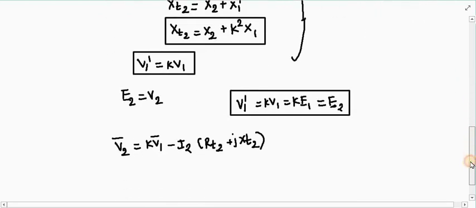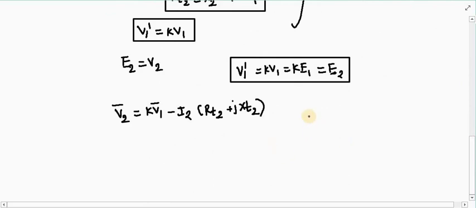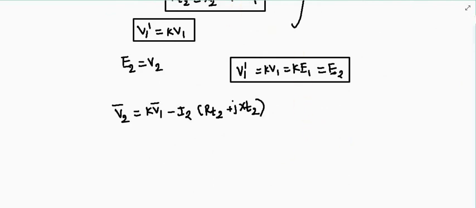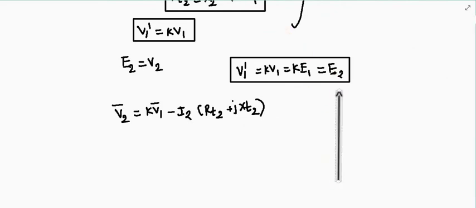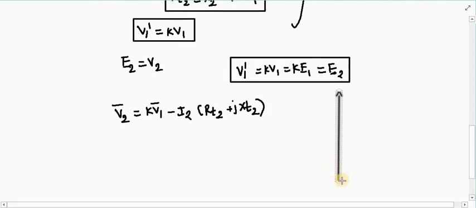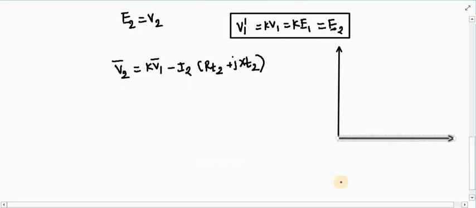So let us draw one interesting graph for the secondary terminal voltage versus the load current in the ampere. So on y-axis, I will take the secondary terminal voltage, and on the x-axis, I will take the load current in amperes.